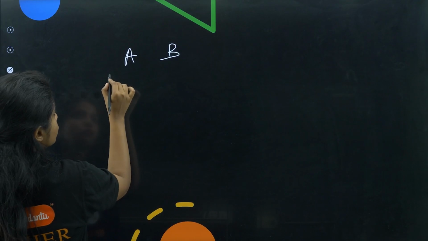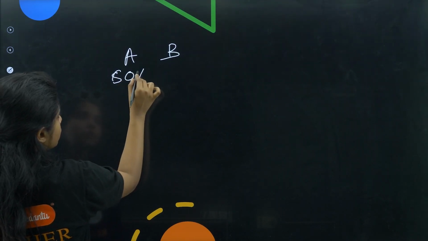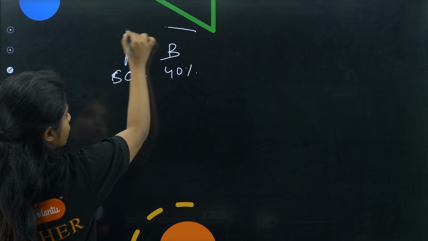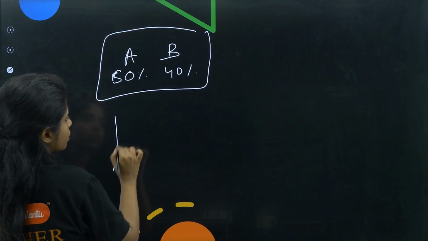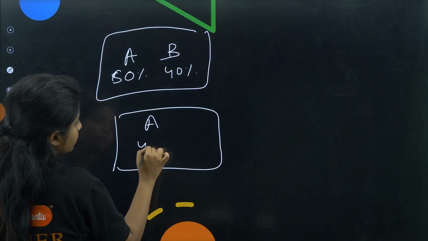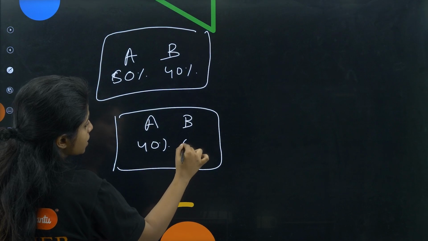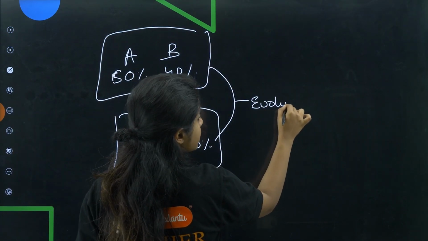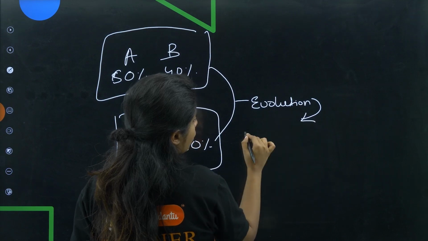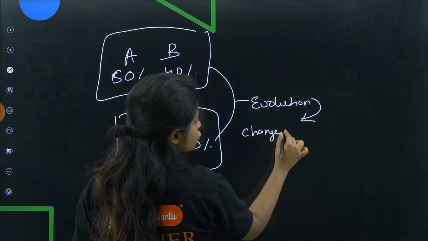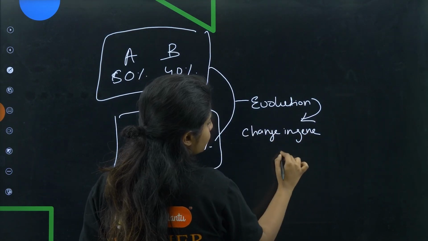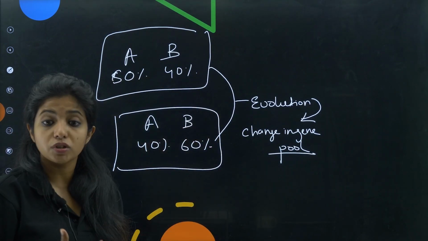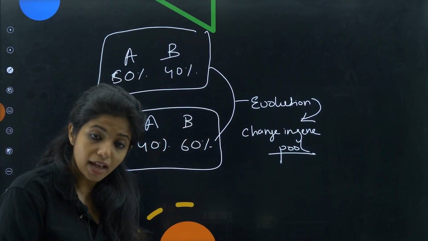If the A allele was found in 60% of the people and the B allele in 40% in one generation, but in the next generation the A allele was found in 40% and B in 60%, then this is also an example of evolution because there is a change in the gene pool. The percentage of genes has changed, which is why we say that evolution has definitely taken place.